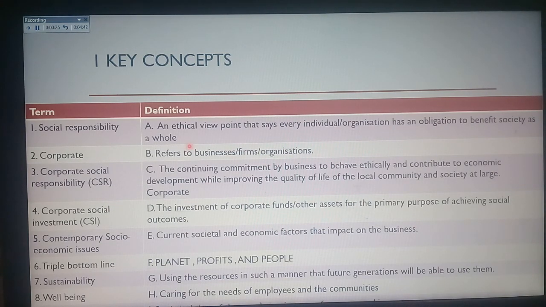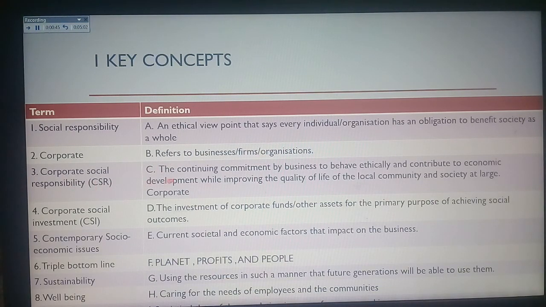Social responsibility, ethical point of view. This is where we expect all individuals in society or organizations to always do the right thing. Corporate, when you see the word corporate, we are referring to the business or firm or an organization.